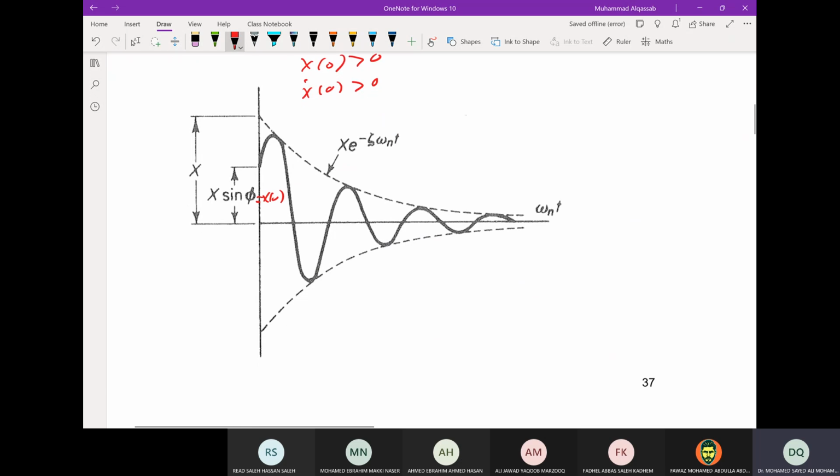This is x0. But because the initial velocity is greater than 0, it will overshoot. It will go farther downward. So the system is given initial displacement, which means you push it downward, and you give initial velocity as well in the same direction, so it will go farther downward. And this is called overshoot.